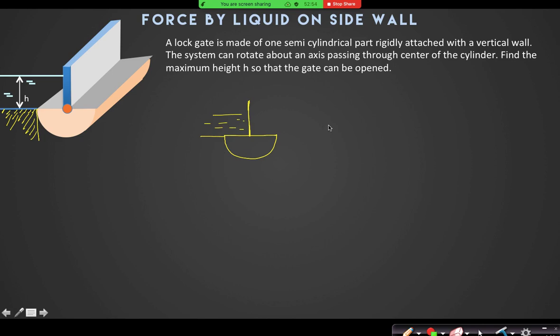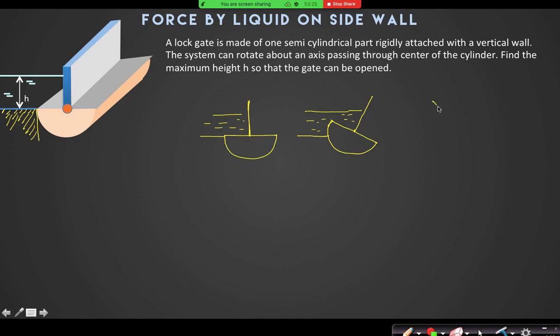If you rotate it in clockwise direction, the position will be like this. So the half cylinder is only tilting. Yes, this entire part is tilting like this. Will water get out of this? No, sir. Water will not get out of this construction.